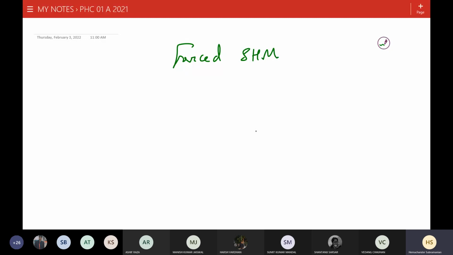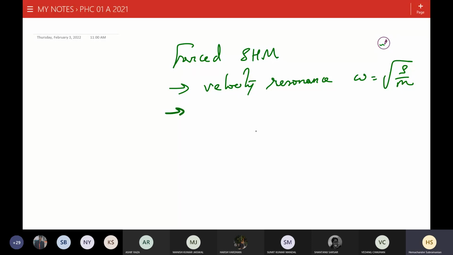We looked at resonances. There are two types of resonances: velocity resonance, where the velocity goes maximal, and that happens at square root of S over m. And there is displacement resonance.